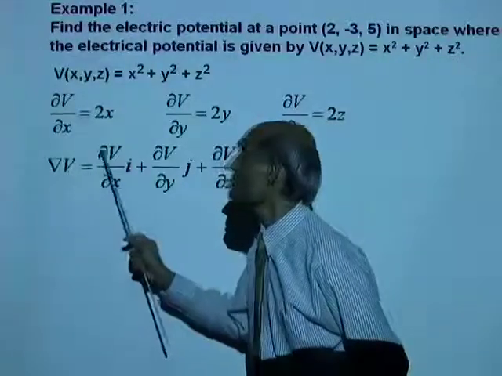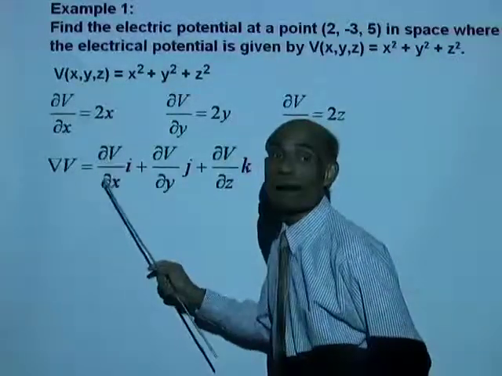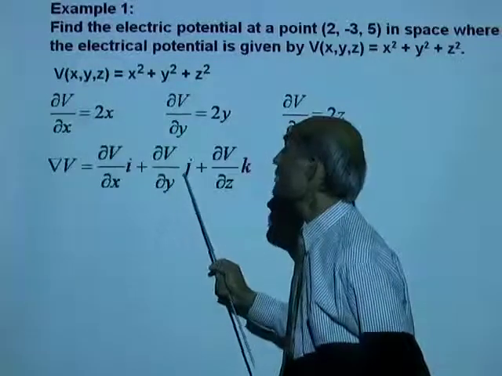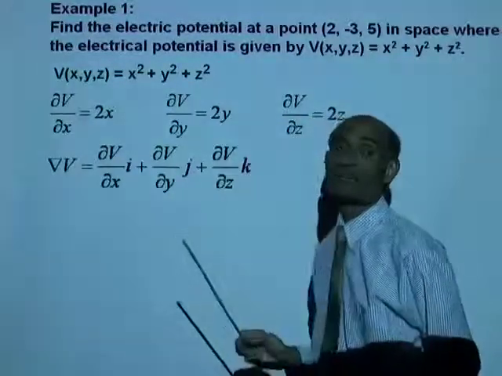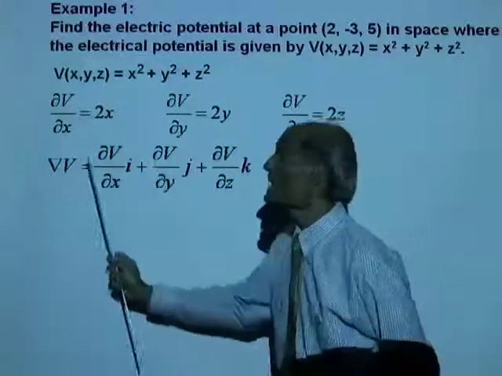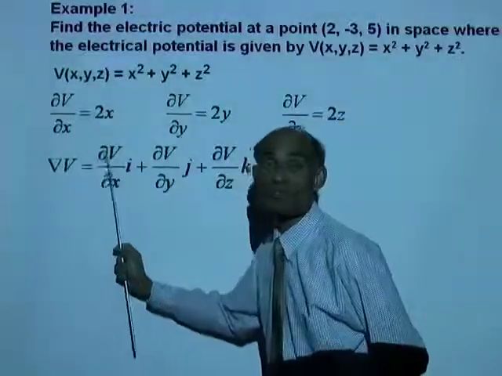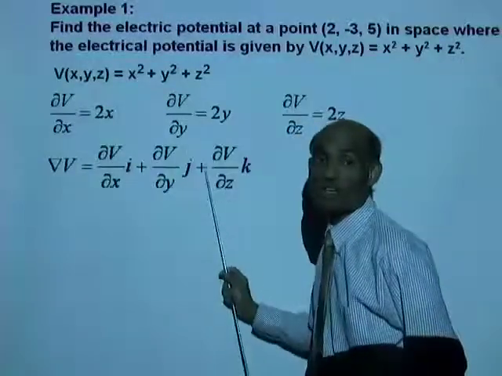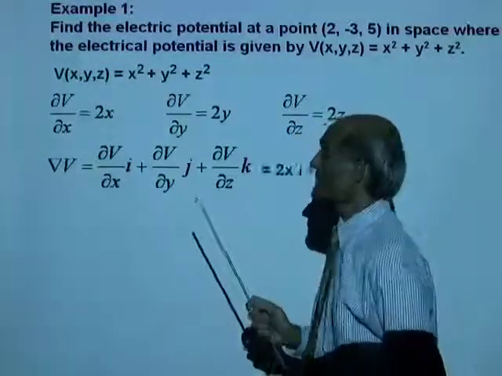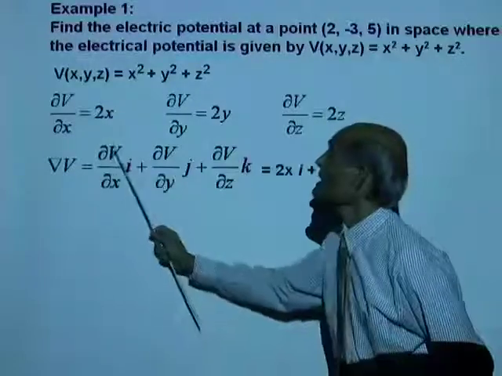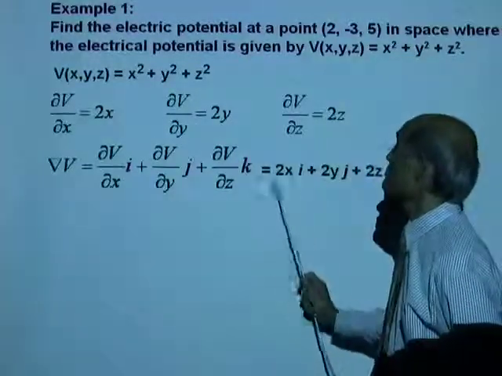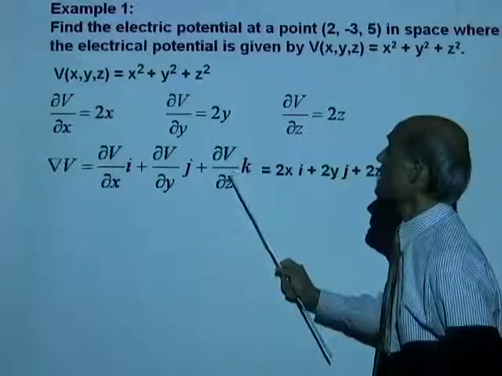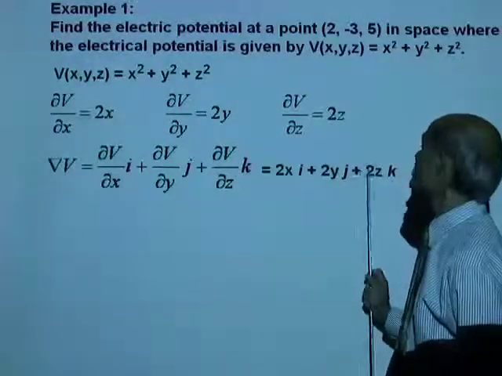Gradient of the potential function is del V by del x i plus del V by del y j plus del V by del z k. The gradient of the potential function has the x part, y part and z part. Well, that will be del V by del x is 2x, del V by del y is 2y, and del V by del z is 2z.